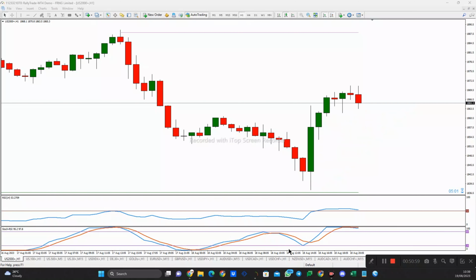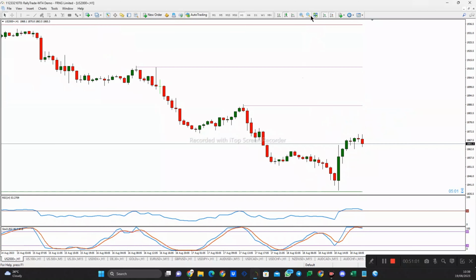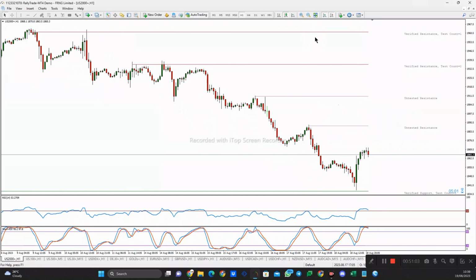I've done a lot of illustration, so I'm just going to do what I want to do now. Basically, this is how I will trade this particular instrument. So I'm going to draw my markups. On 1 hour, the closest support to this particular price is this particular verified support. So I'll use my horizontal line to align with it.